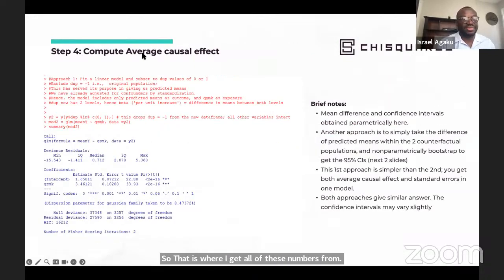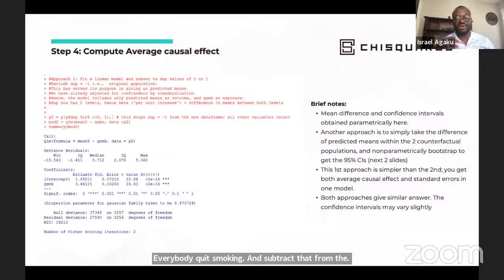And then the next step is just to see what is now the average causal effect of quitting smoking on weight gain. It's just simply saying, take the mean of the predicted values where everybody quit smoking, and subtract from that the average of the predicted values where nobody quit smoking, right?